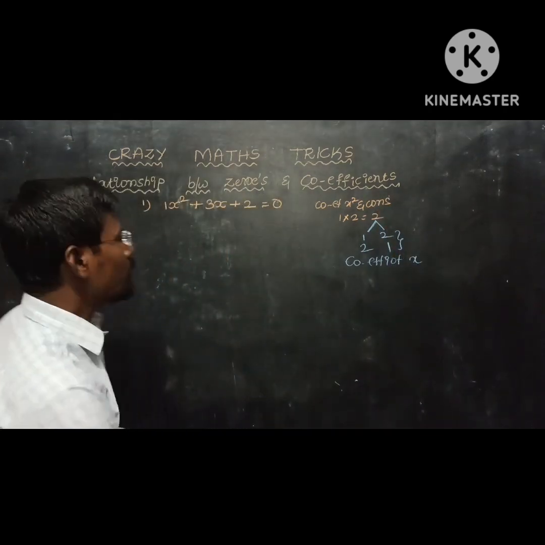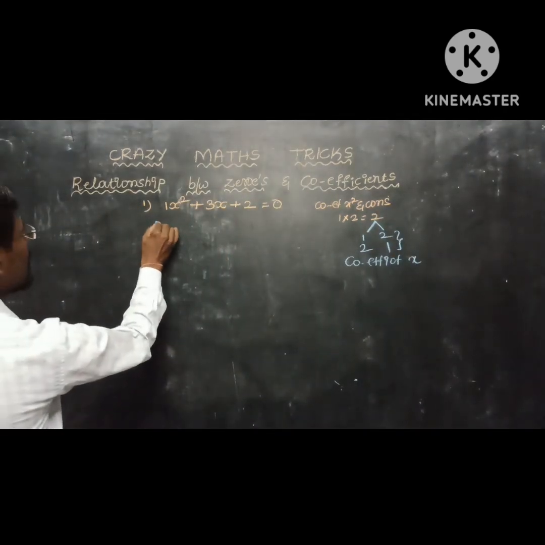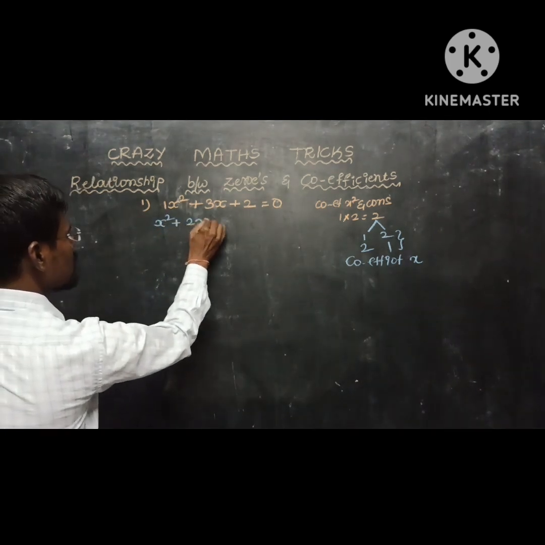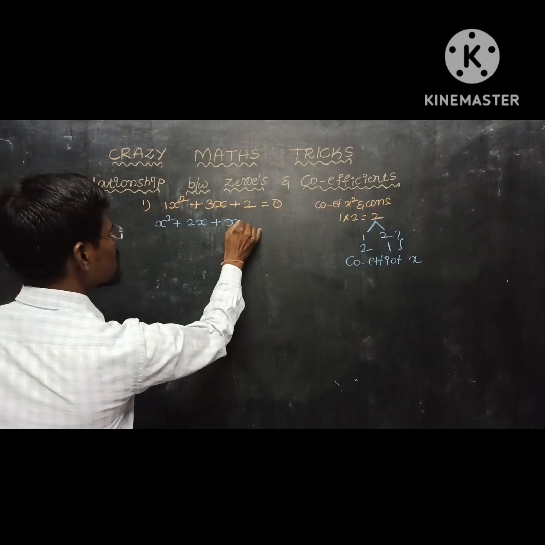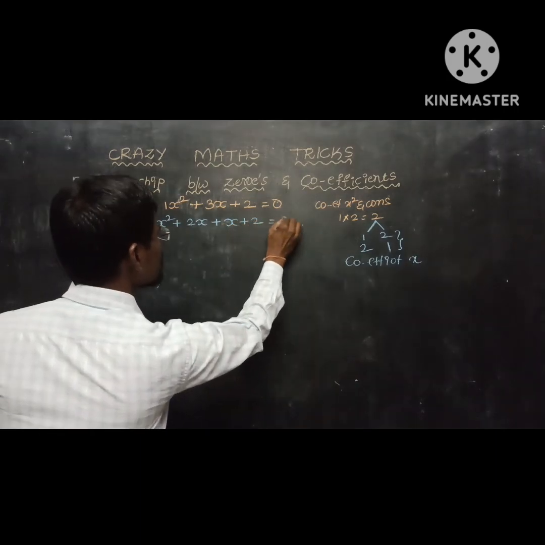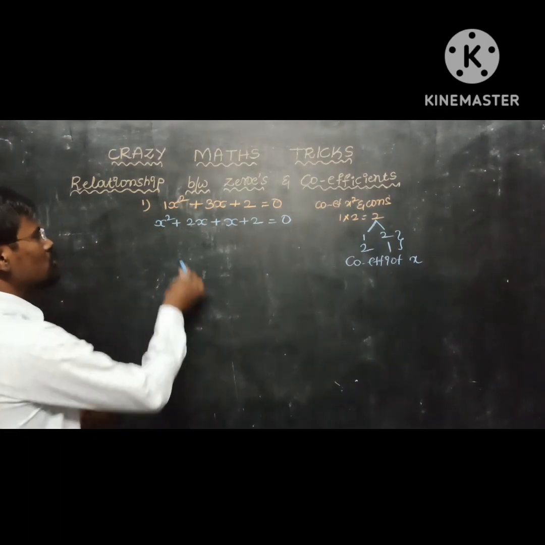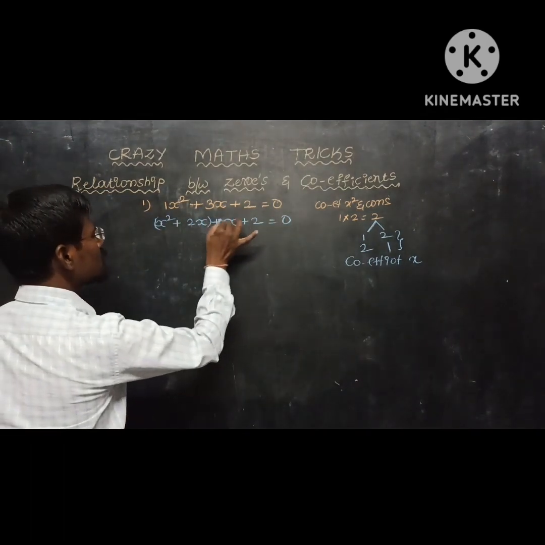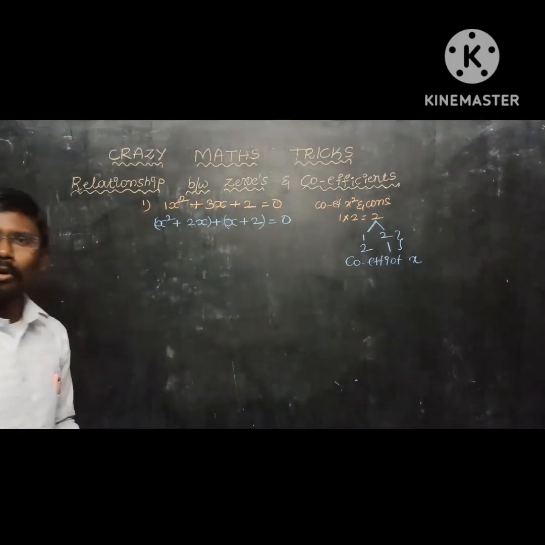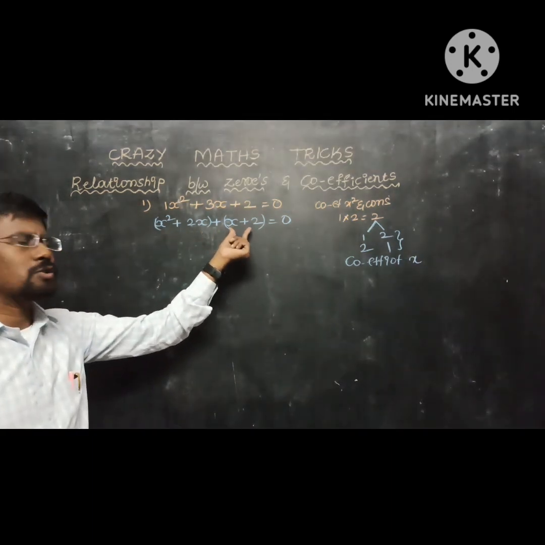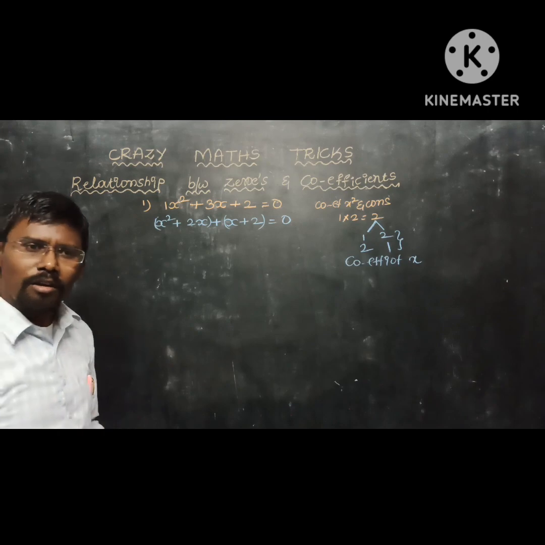So now I am going to write 3x as x square plus 2x plus 1x plus 2 is equal to 0. First we divide into two terms as pairs. So x square plus 2x is one pair and x plus 2 is the other pair.